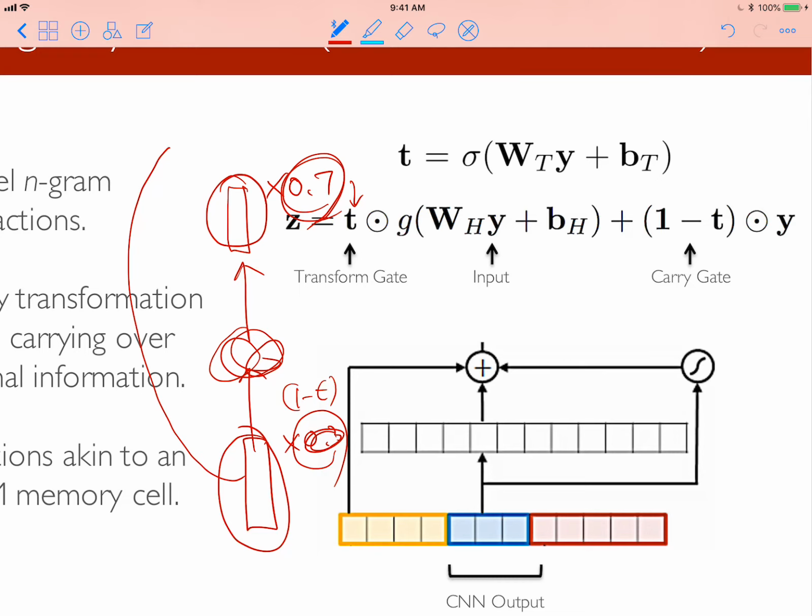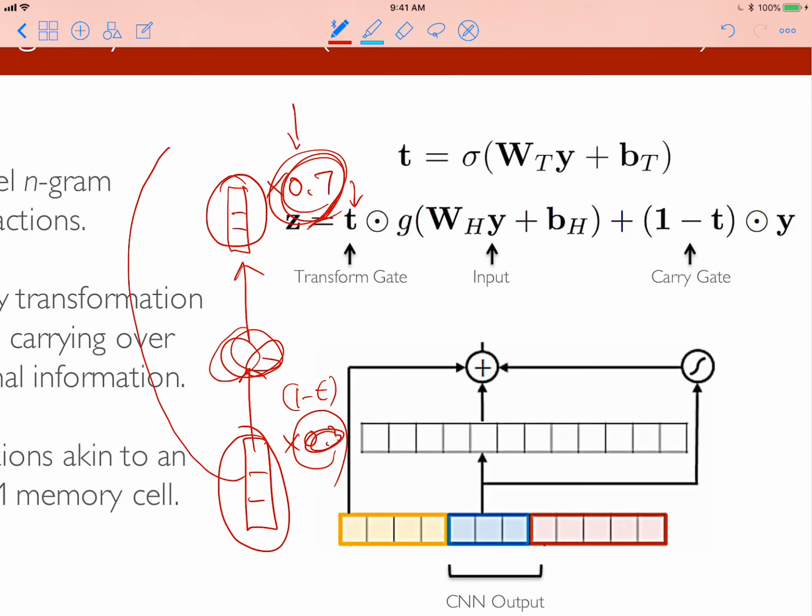Suppose we have a three-dimensional vector. Is t a single scalar, or is it a three-dimensional vector? It's a three-dimensional vector, right? So it's like a forget gate and things like that. It is applied dimension-wise.